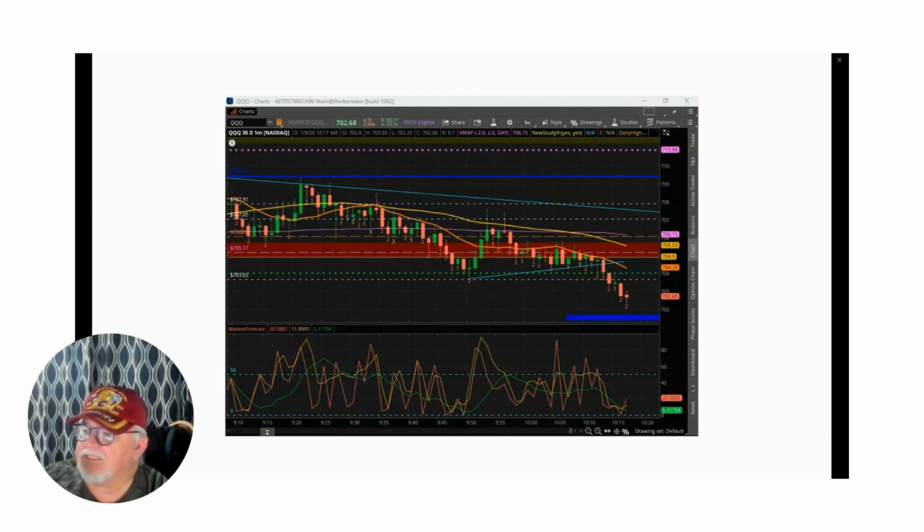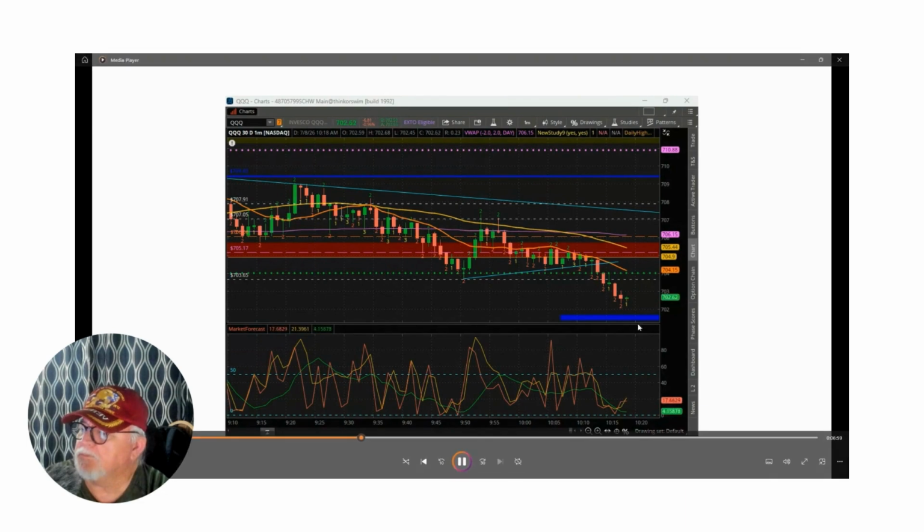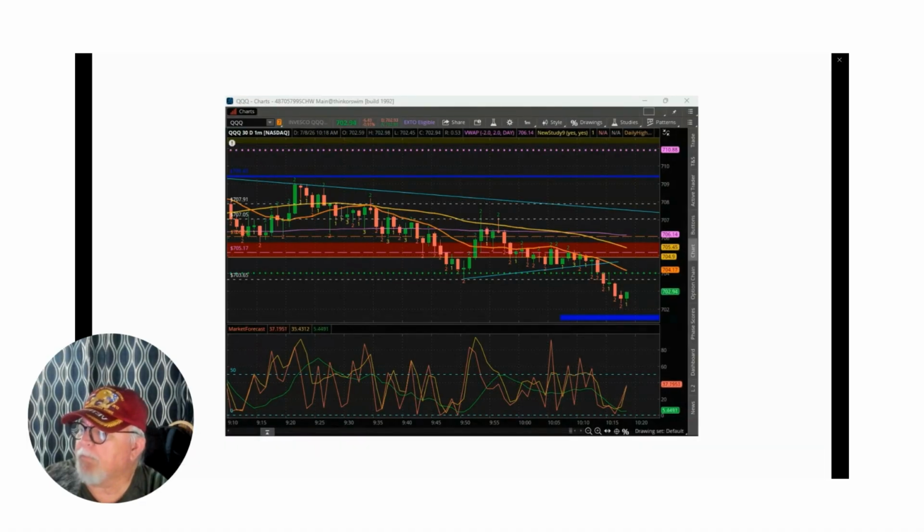Now if it retests and it continues on down, then I'll jump into some puts that I have loaded up. Now this blue line here, this is where I think the market wants to go. The market just has a tendency of doing these break and retests.